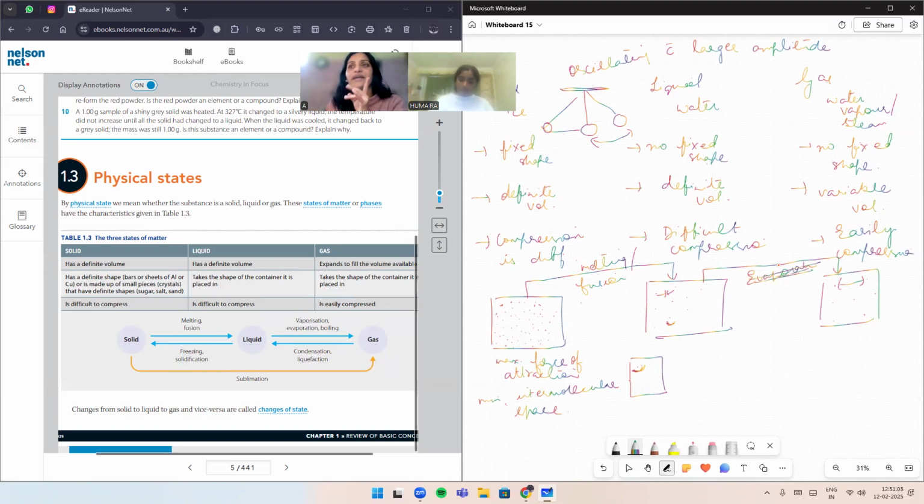Not evaporation, we'll write down boiling. Evaporation, we'll understand later on. And your vapor form, the gaseous form, is formed. Now, these two steps are clear.